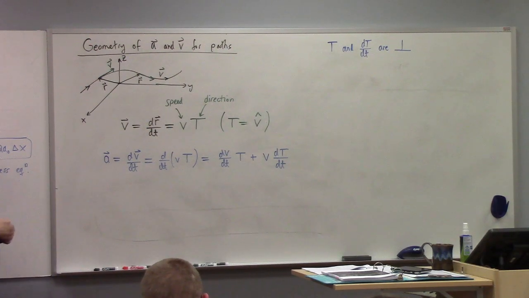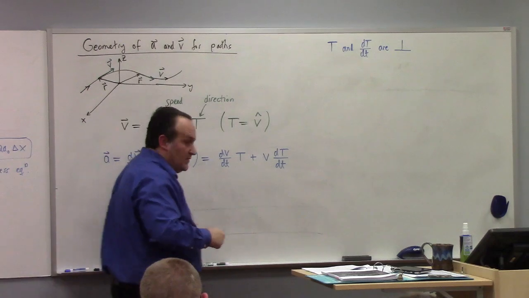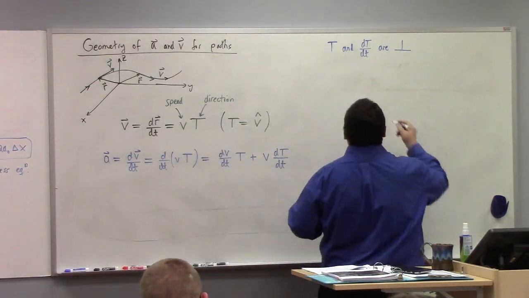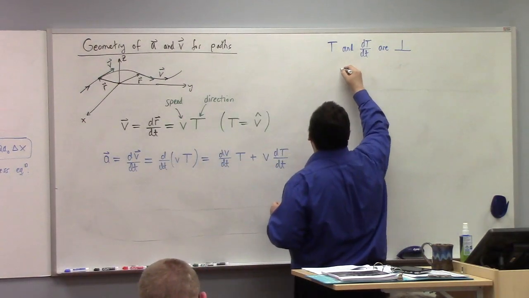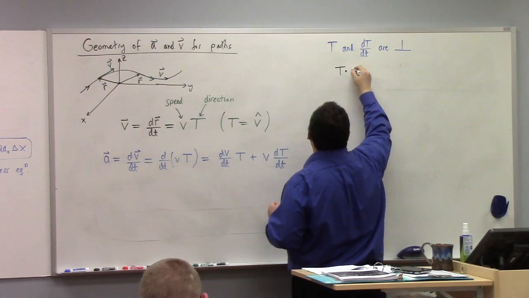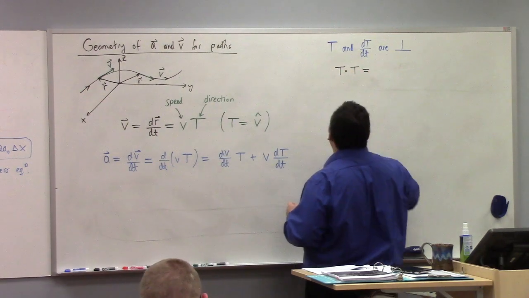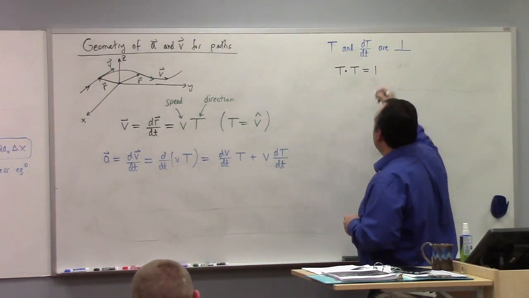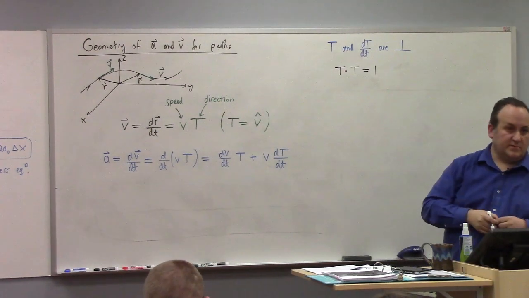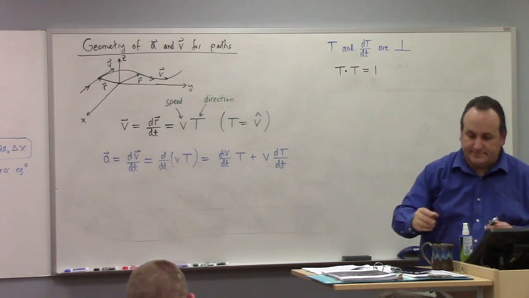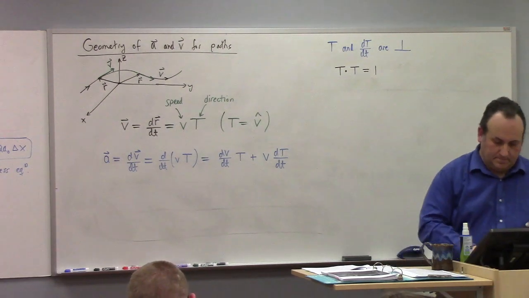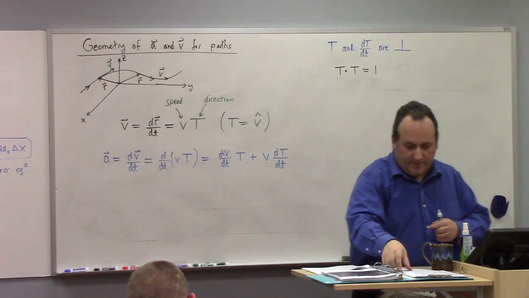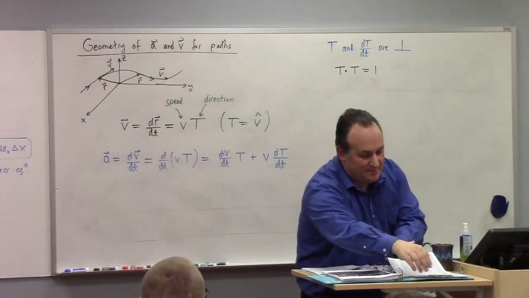Let me show you how. So the way we know that is T is a unit vector, right? So T dot T is equal to what? 1, right? Because that's the length of T squared. Now differentiate that with respect to t. What do you get? Well, let's say we get T prime.